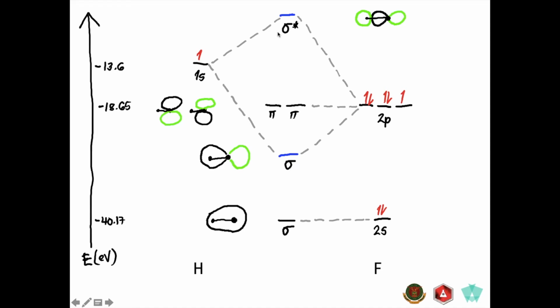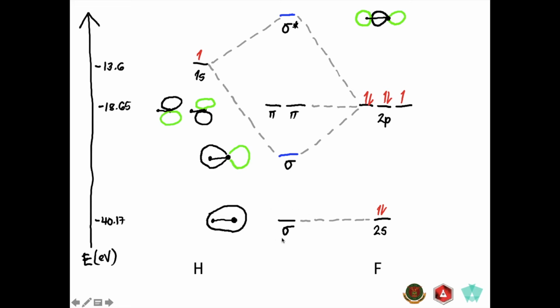It's easy to visualize that there is a sigma overlap between the 1s and one of the 2p orbitals of fluorine. However, for the non-participating molecular orbitals, there are still sigma and pi labels. And we need to go back to our definition of the pi and the sigma bond. So here is a visual representation of this orbital here.